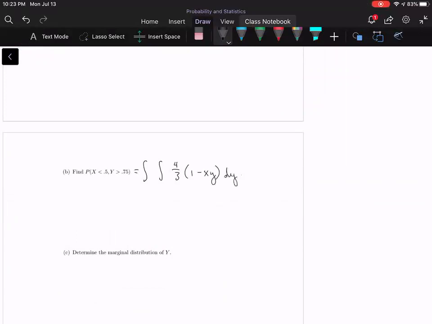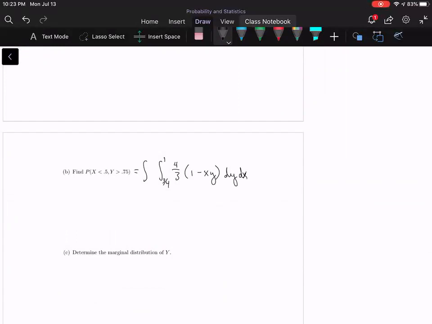I'm going to do y first, x second, again, just my preference. And so y has to be greater than 0.75, so that's going to go from 3/4 up to the max of the support, which is 1.